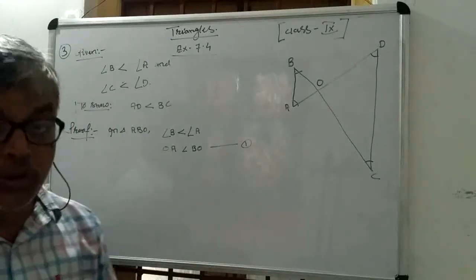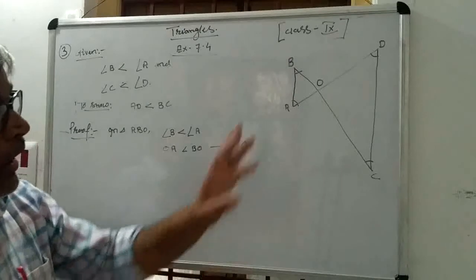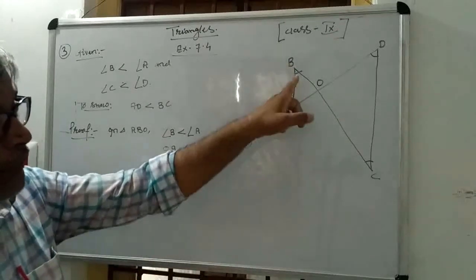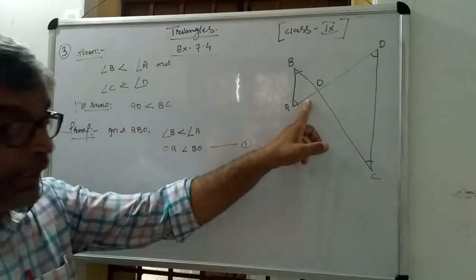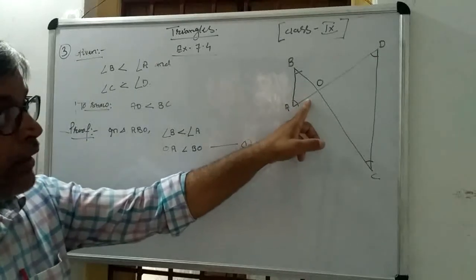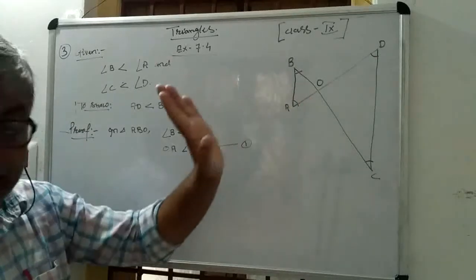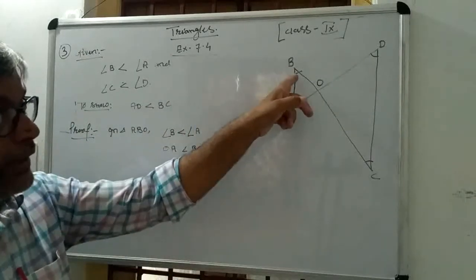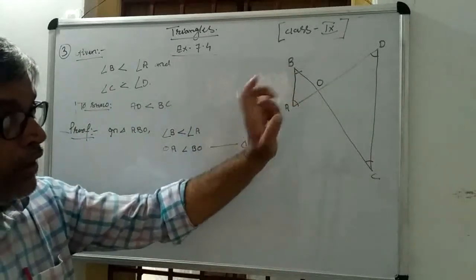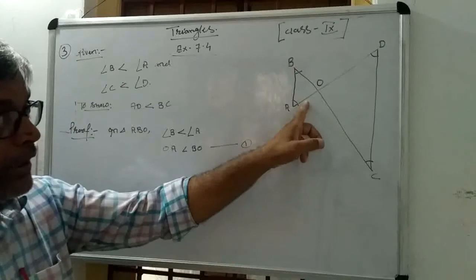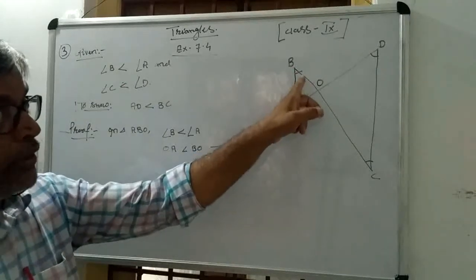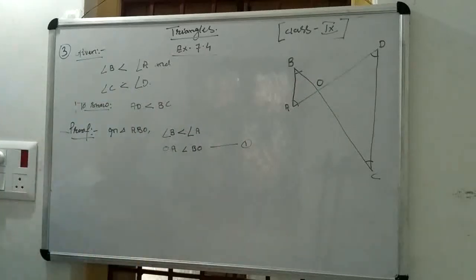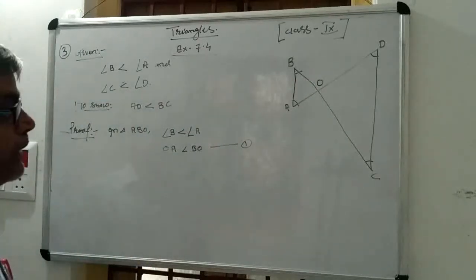As I have told you earlier, the side opposite to the smaller angle is smaller. So B is a smaller angle than A, so the side opposite to B, that is OA, will be smaller than the side opposite to A, that is OB. So that's why I have taken this equation 1.